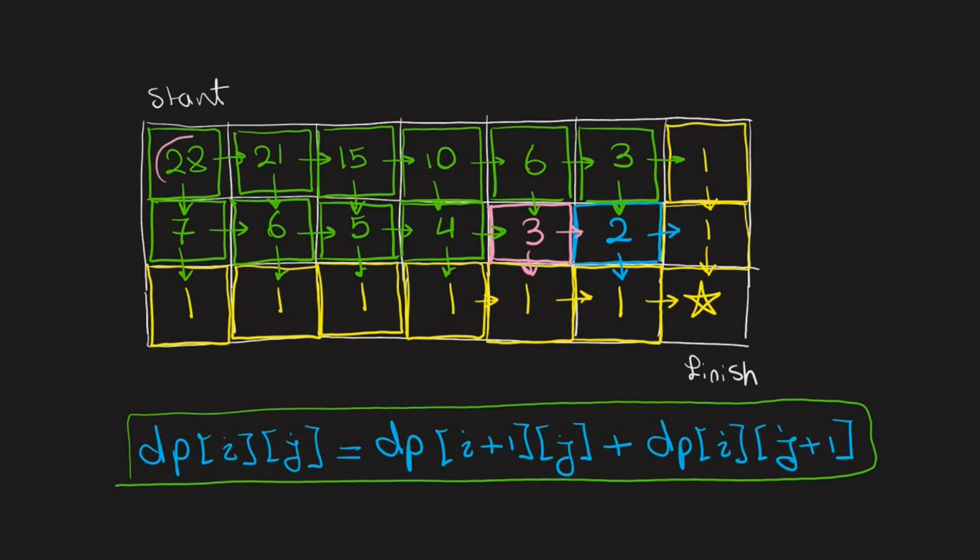And 28 is the last calculation that we return as our output.